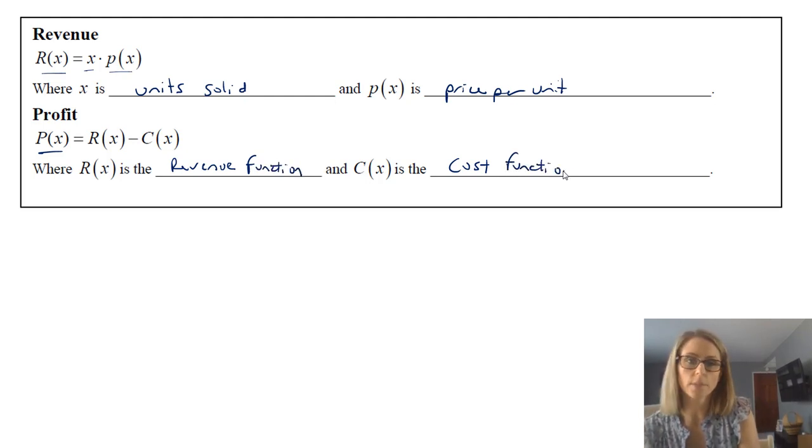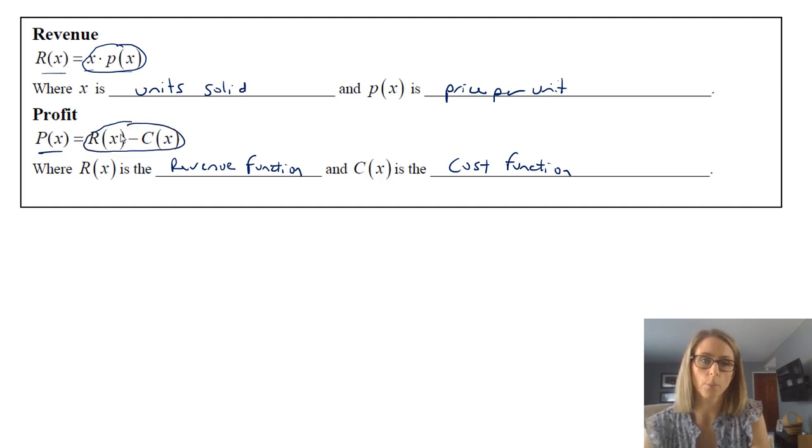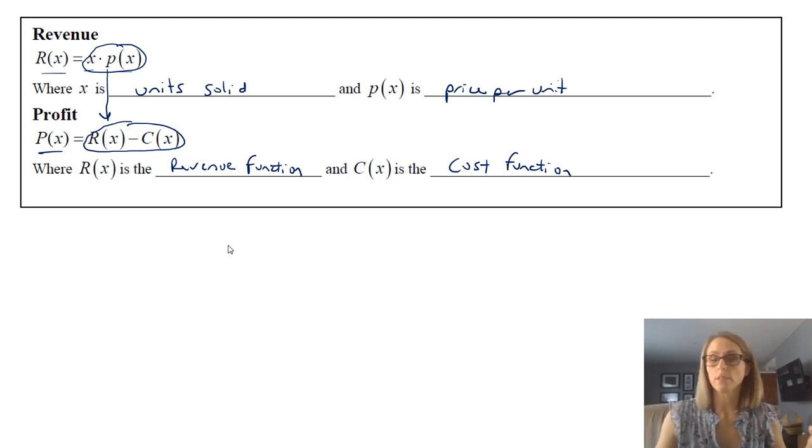So you just have to remember, the reason I bring it up is because you have to know this piece of information here to create the revenue function, and you need to know this right here in order to create the profit function. So understand that you may need to use this to create the revenue function and then subtract the cost function from it to get your profit function, which you can then take the derivative of and maximize your profit.